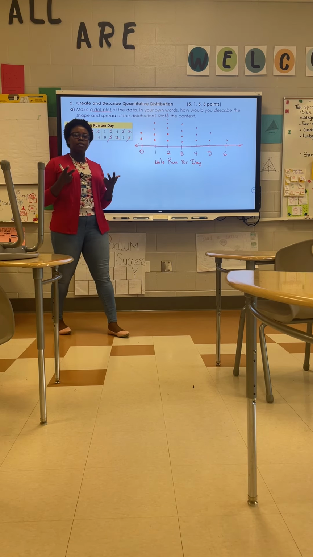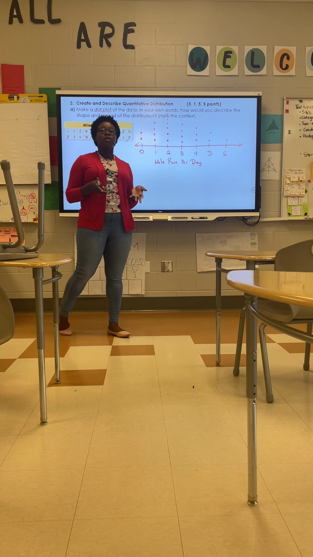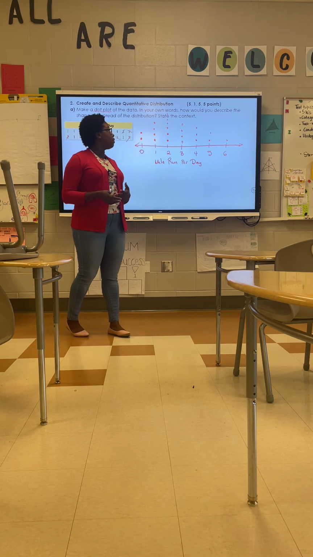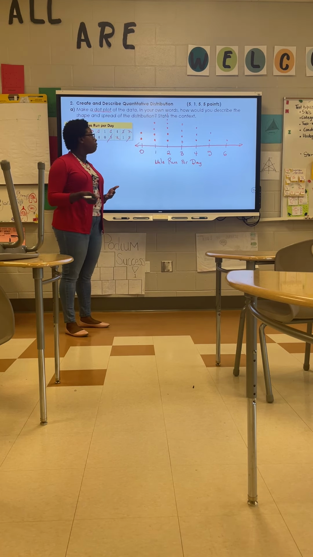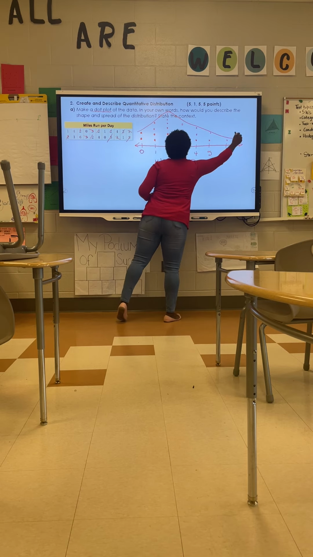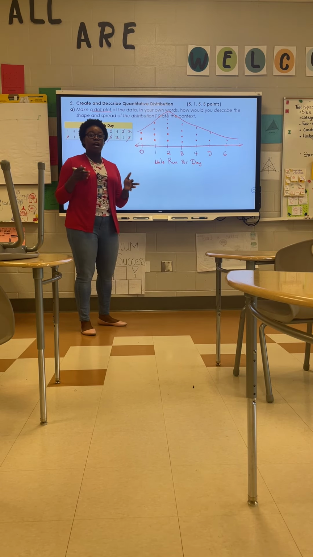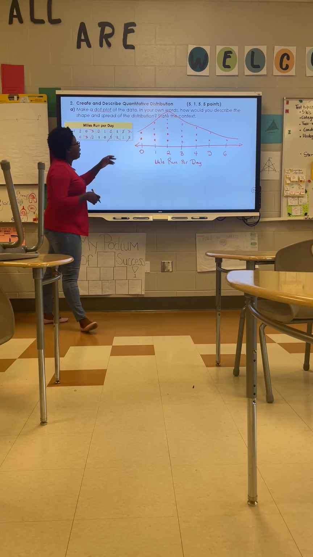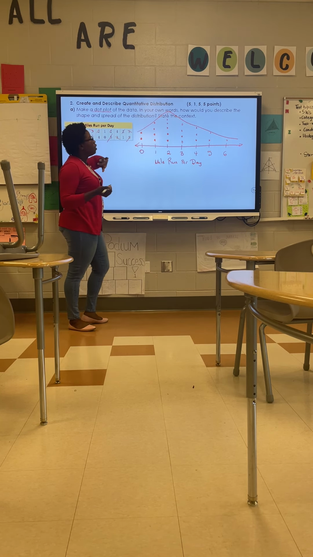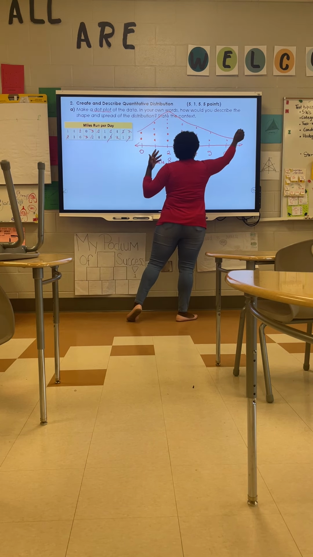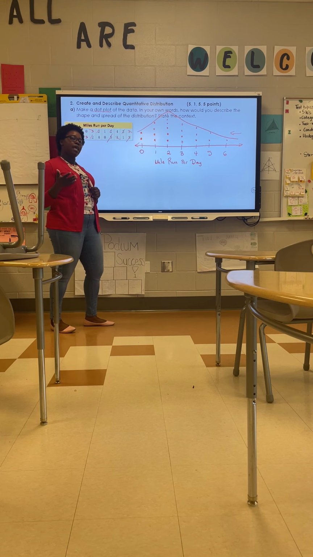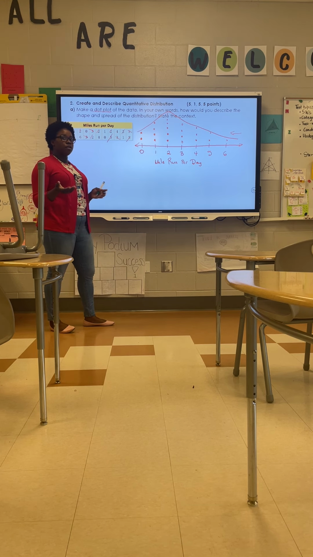Now they want us to describe the shape and the spread. There are 2 ways to describe the shape of your distribution. You first examine what it looks like. A quick way to do this is to draw a bell curve over your data and see if your curve is symmetrical or if it's skewed. Here our bell curve looks skewed in my eyes, and its direction depends on the tail of your bell curve.